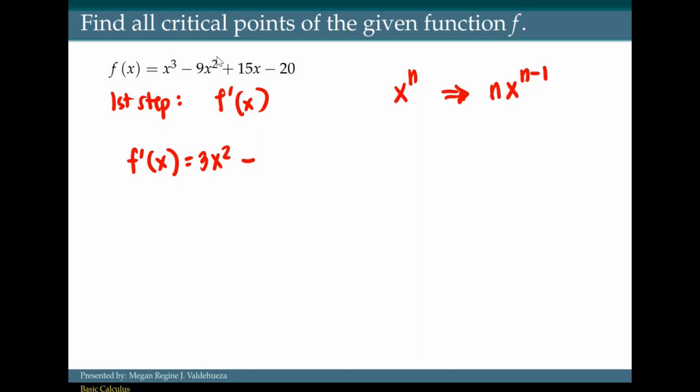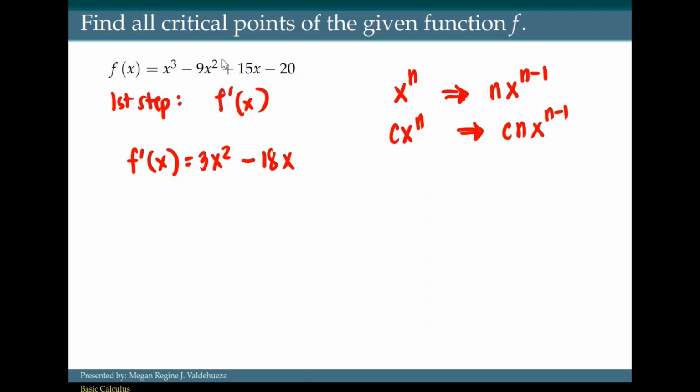Minus 9x squared, using the multiple constant rule, if we have c x to the power of n, then the derivative will give us c times n, x to the n minus 1. So we have 9 times 2, that is 18x, 2 minus 1, that will give us 1, right?